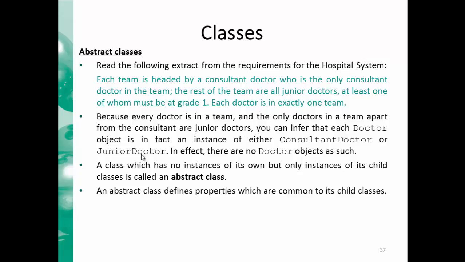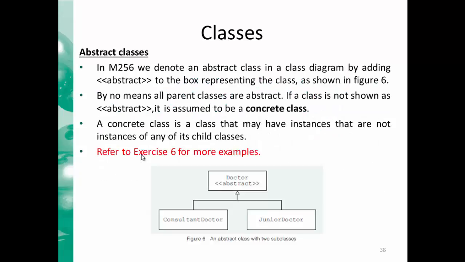We use those classes to define the properties common in both classes. So for example, instead of defining a name for a consultant doctor and a name for junior doctor, I will declare a name in the superclass doctor, and both classes will inherit that name.